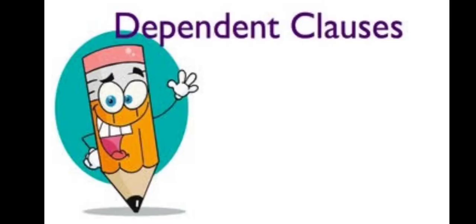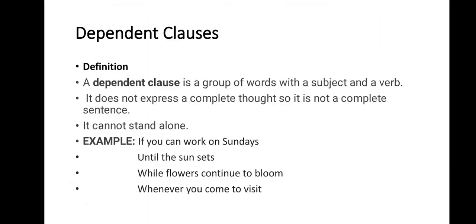Now let's see what are dependent clauses. A dependent clause is a group of words with a subject and a verb. It does not express a complete thought, so it is not a complete sentence. It cannot stand alone. Okay, children, read that again. A dependent clause is a group of words with a subject and a verb.